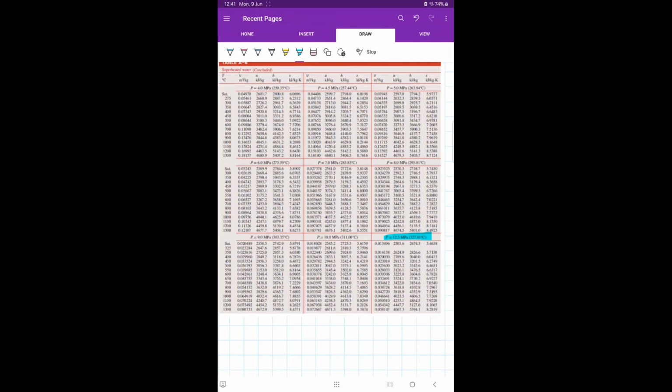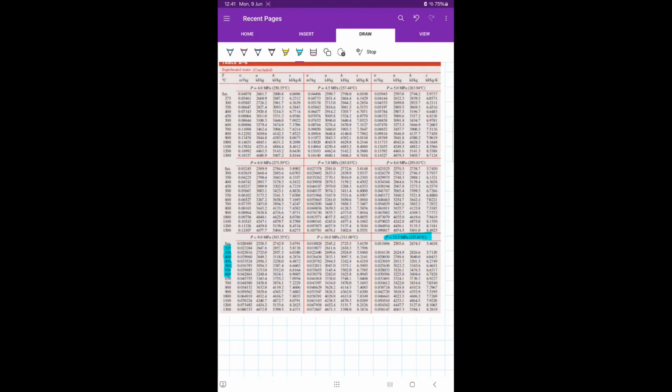Okay, this is 12.5 MPa. So I have a choice of going from, just now our boiler temperature is how much? 250, right? So I can go to 325, 350, 400, 450, 500, 550, 600. Okay, and even to 620.